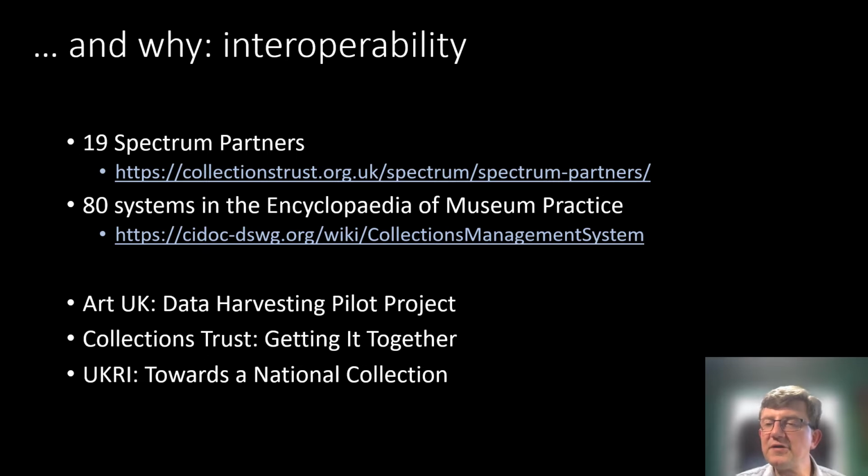The Collections Trust have had various initiatives in this area, and the UKRI has a massive funding stream under the umbrella towards a national collection. But these initiatives all focus on exporting data for presentation and research. They don't tackle the fundamental aim of making collections management systems work with each other.